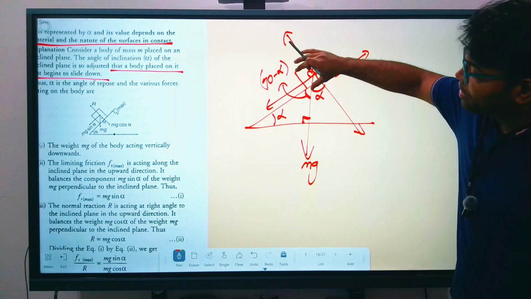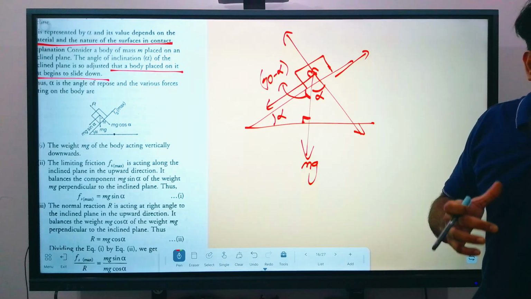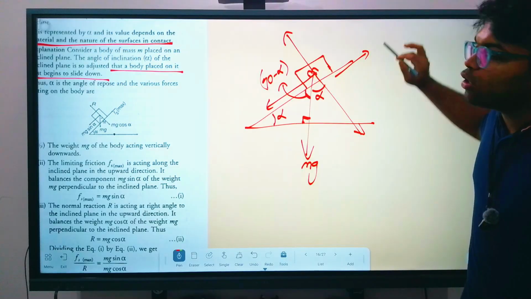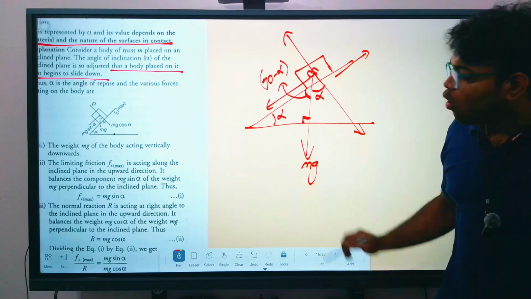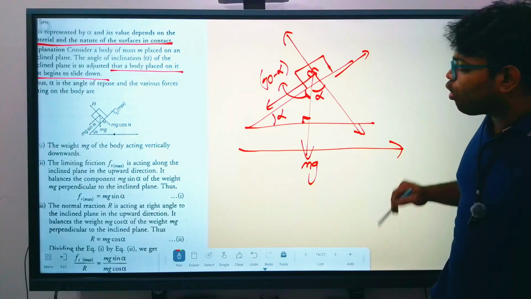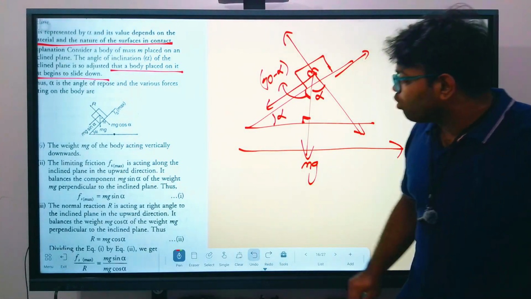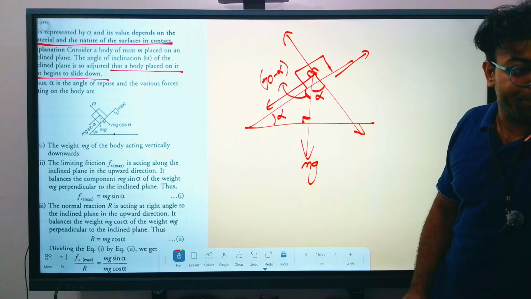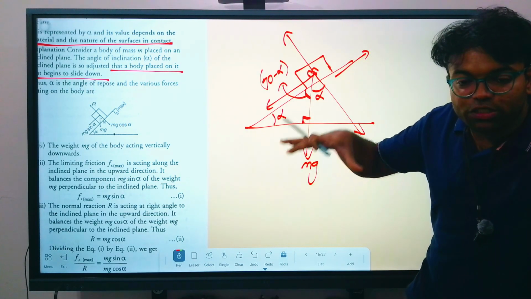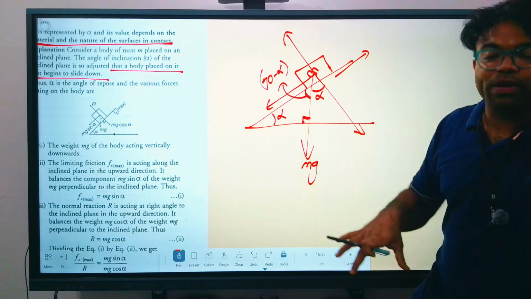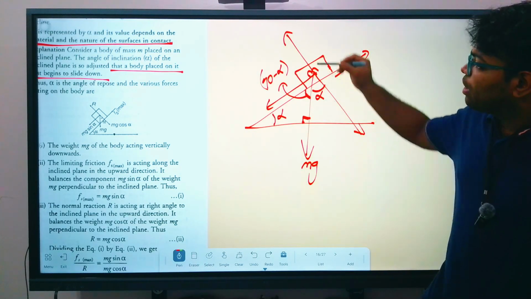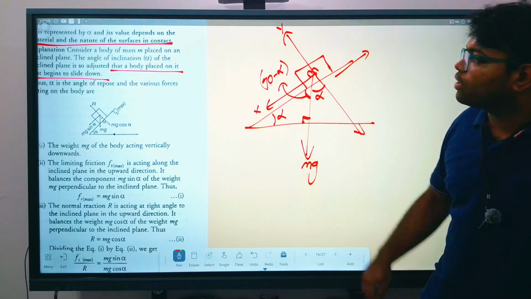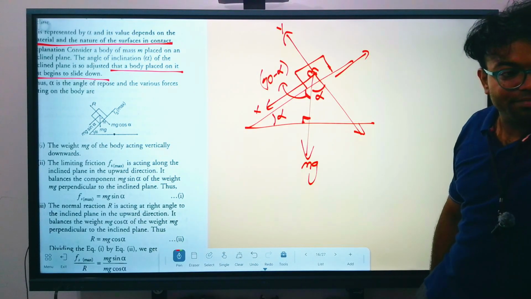For an inclined surface, we always consider the horizontal axis parallel to the surface on which the object is placed. This is not going to be the usual horizontal anymore. The horizontal axis is now parallel to the surface. So this becomes our vertical axis and this becomes our horizontal axis. Clear?